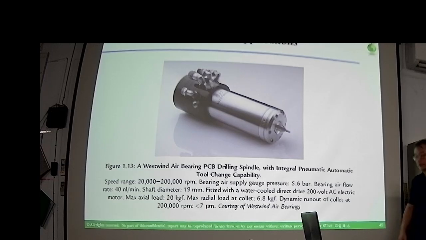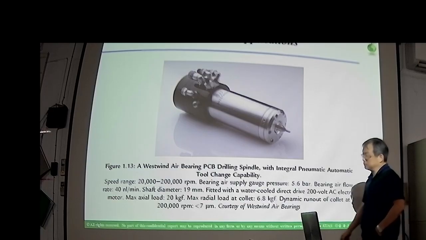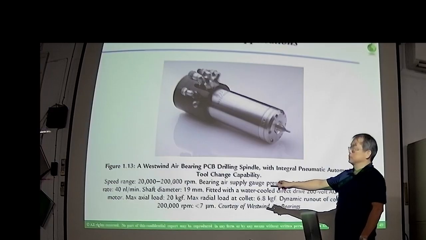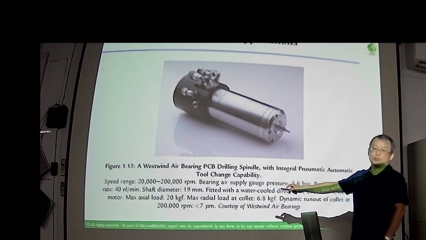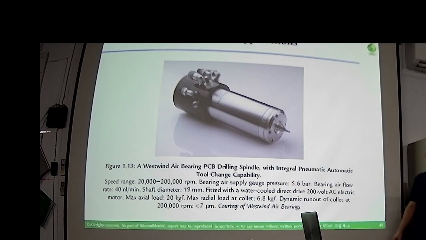So for this spindle, you have a maximum speed of 200,000 RPM. But you can check out the product catalog from the website of this company.